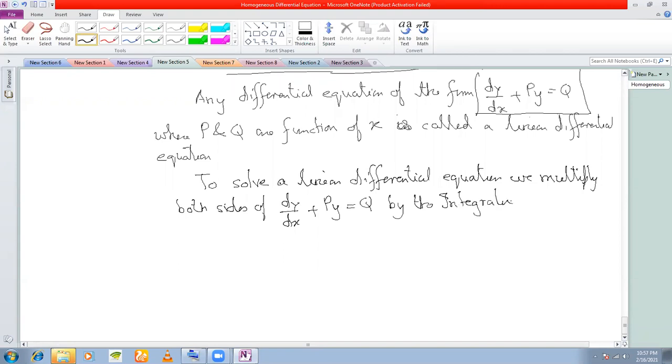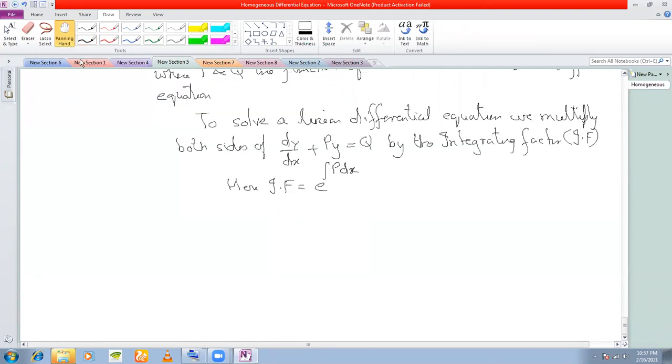Okay, remember the term integrating factor. But what is the integrating factor? Here, integrating factor, remember this also, integrating factor is e to the power of integral p dx. Remember this.